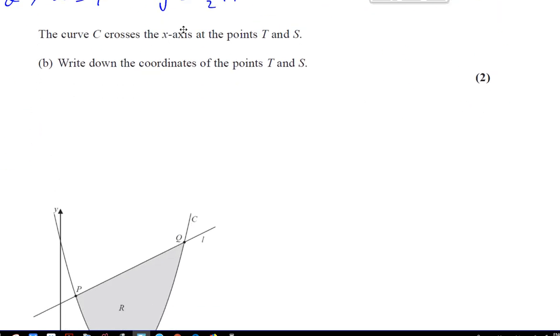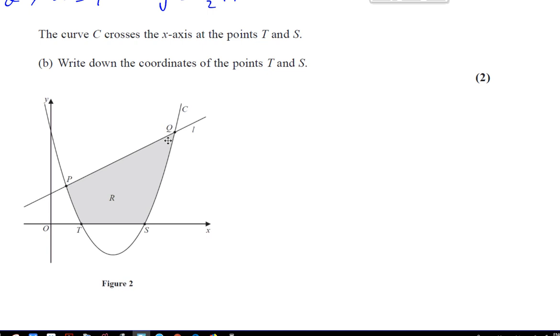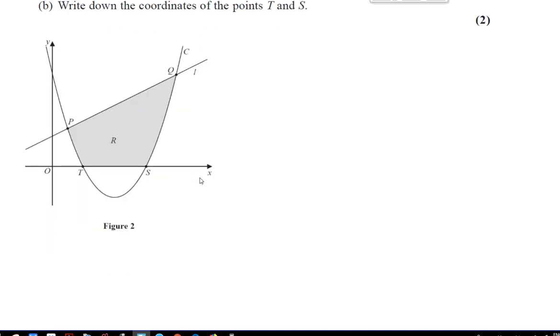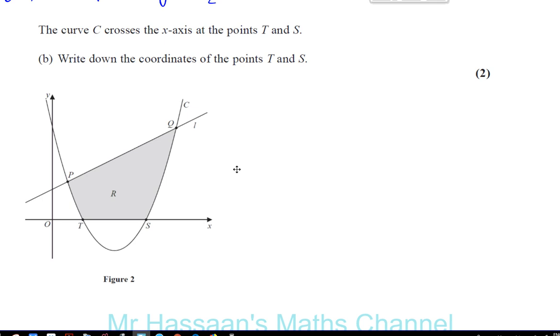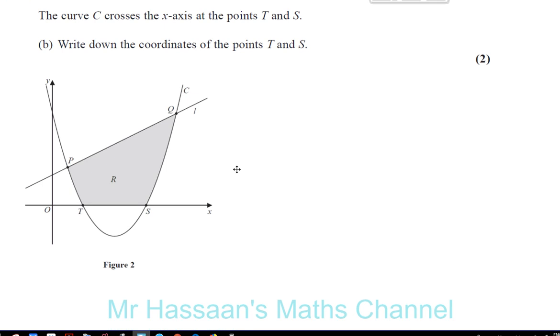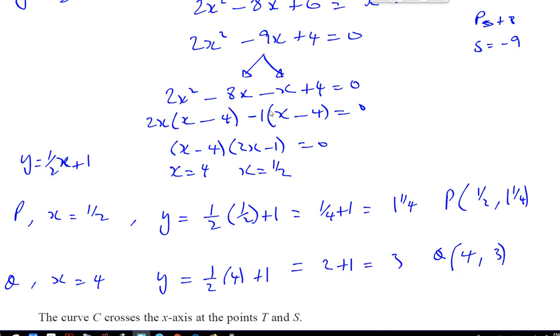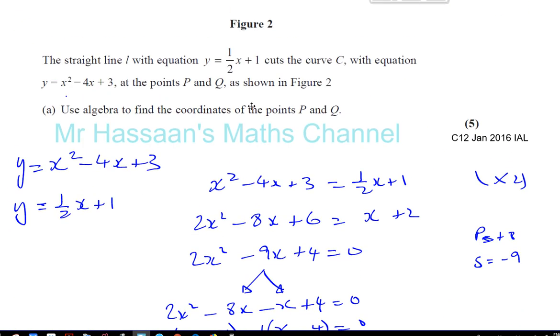Okay, part B. So it says the curve crosses the x-axis at the points T and S. It says find the coordinates of the points T and S. So the equation of the curve, let's go back and get the equation of the curve. The equation of the curve was y equals x squared minus 4x plus 3.